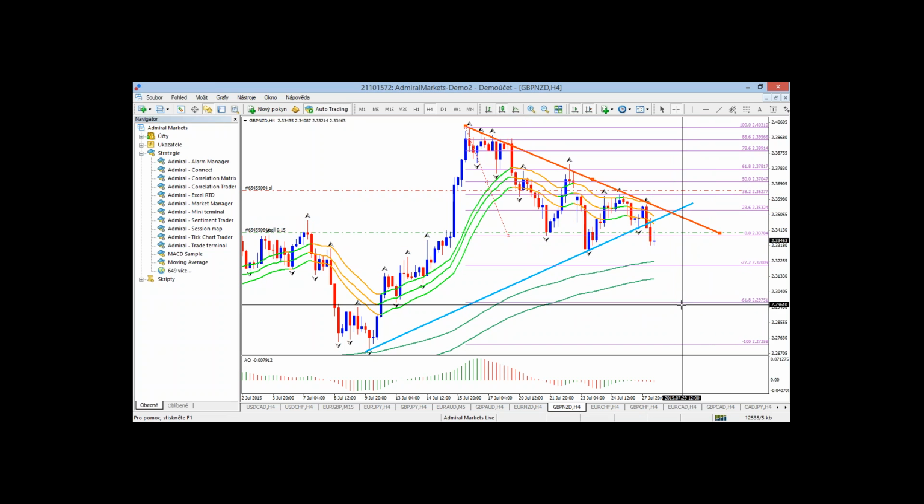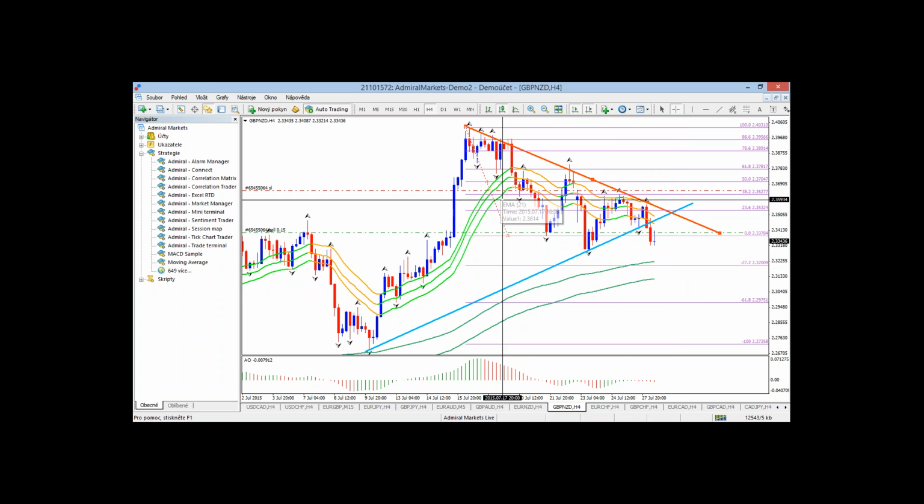It could go down to the minus 61.8. Those two levels, I think, are the main targets.